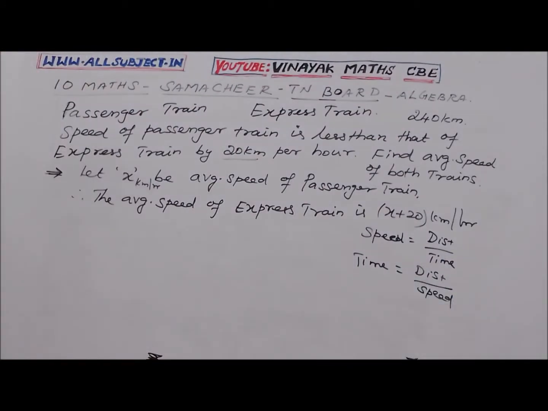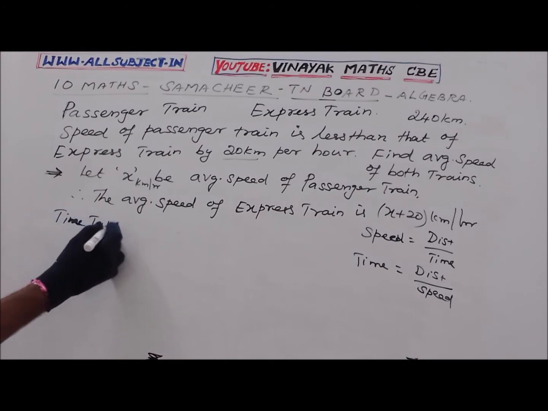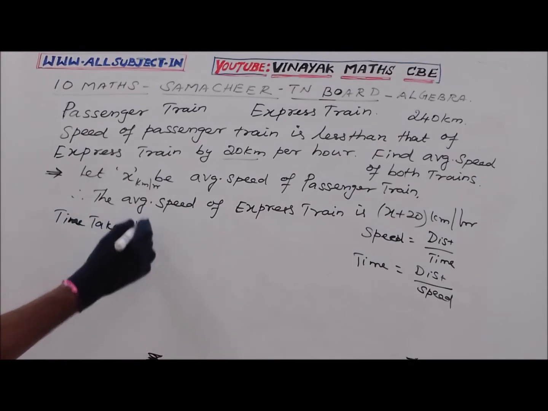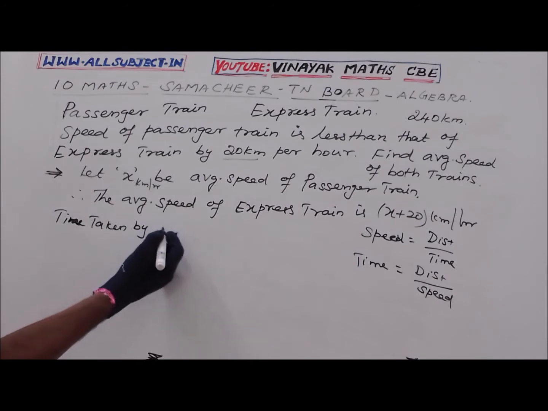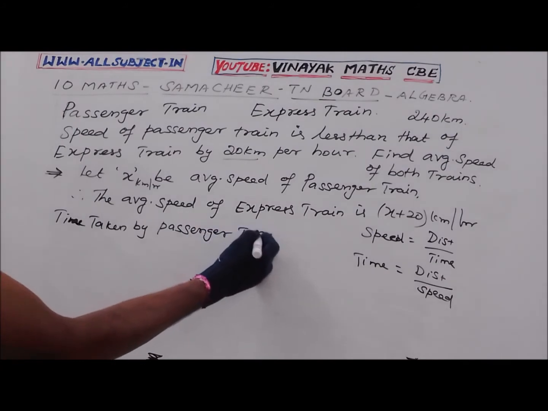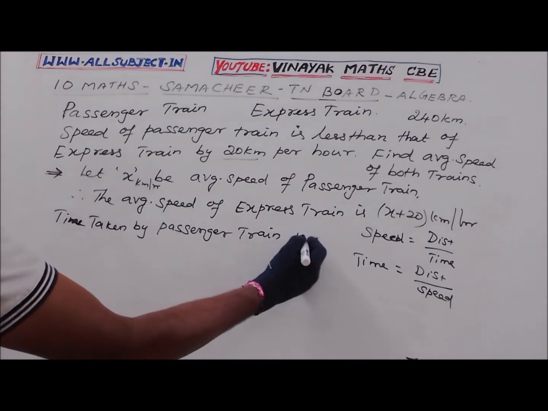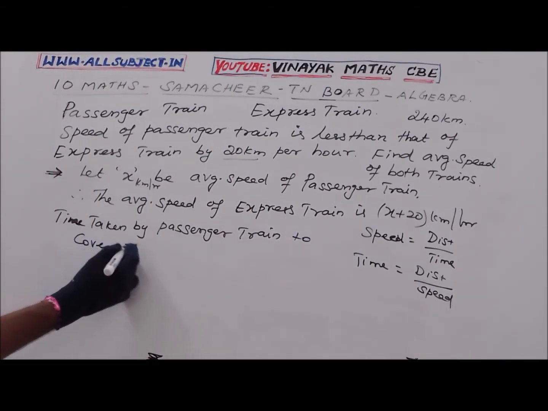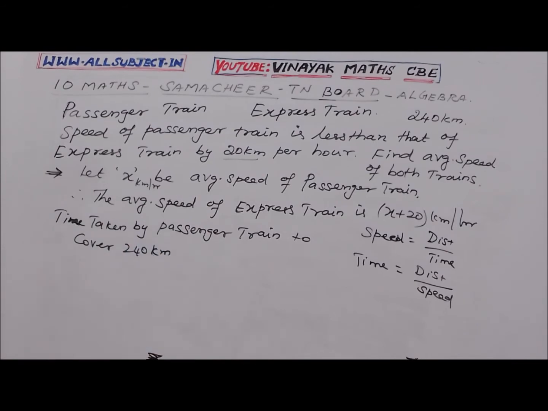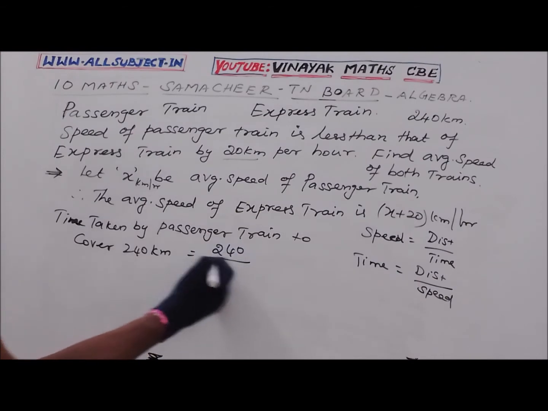By using this formula, the time taken by the passenger train to cover 240 km is distance 240 divided by speed.